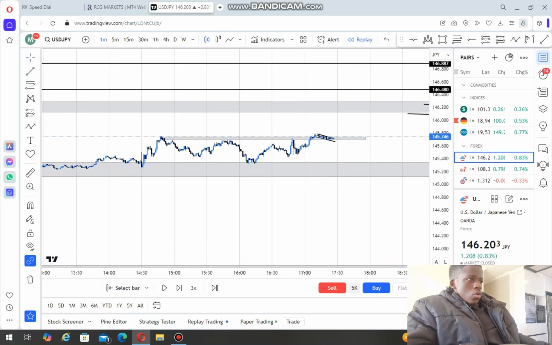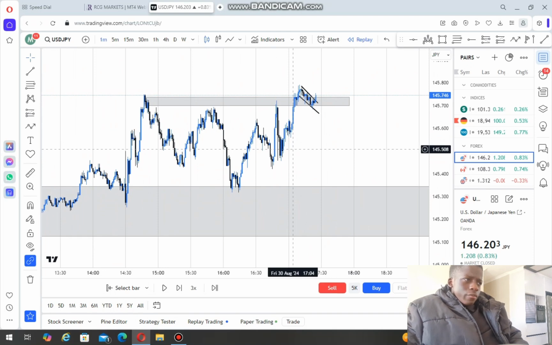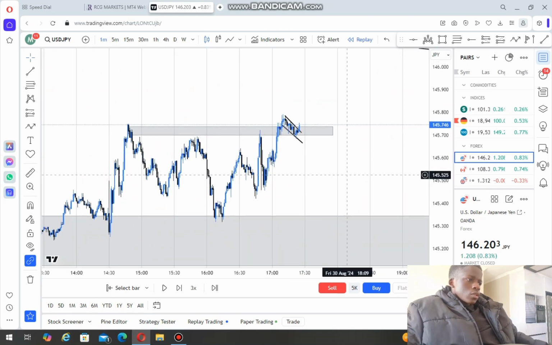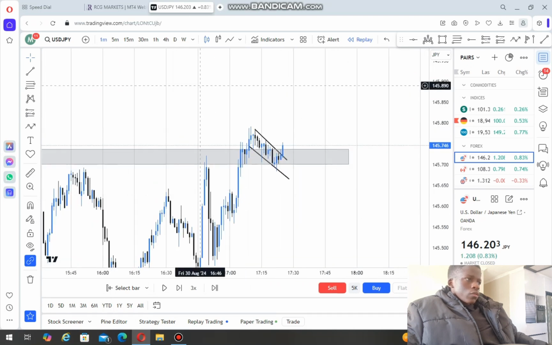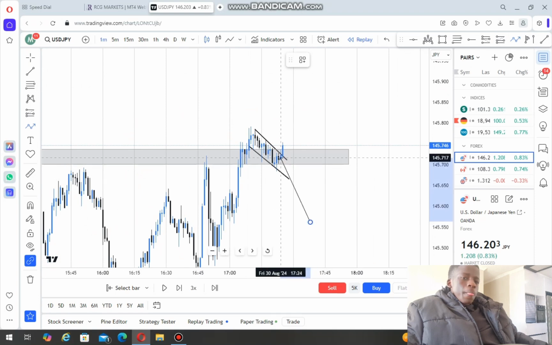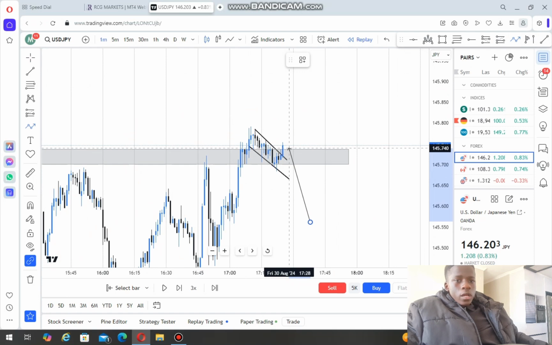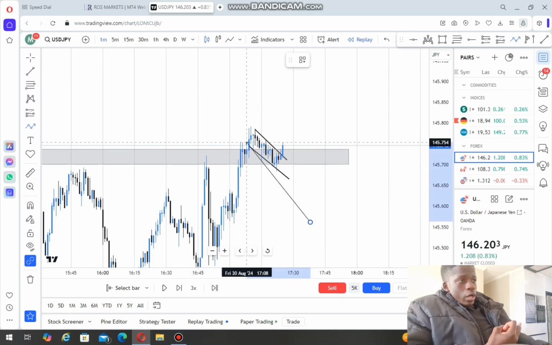So what I saw, I think this was around 4-5 in the afternoon on Friday. I saw this breakout of this trend line on the 1 minute. I saw this clean breakout, and as you can see, the candlestick closed above, so that was confirmation that I should buy. My confirmations were these: the dollar overall has been buying, USDJPY in and of itself has been buying, and we broke out of this key level.